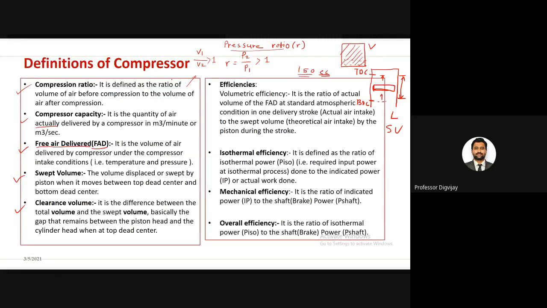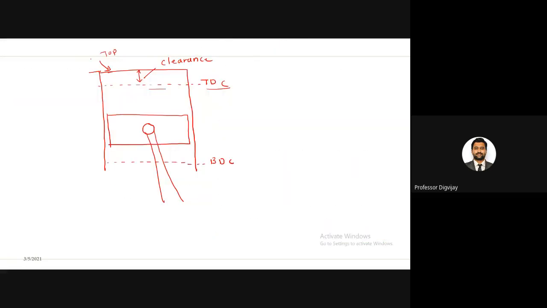So that was the clearance volume. It is the difference between the total volume and the swept volume. I will show the diagram again. This will be your total volume here. The swept volume will be only between TDC and BDC, so this will be your swept volume.